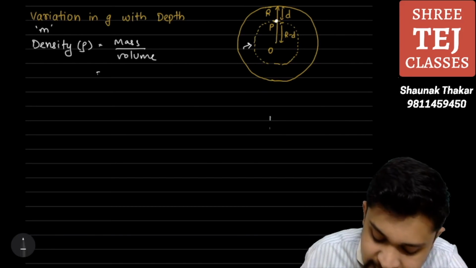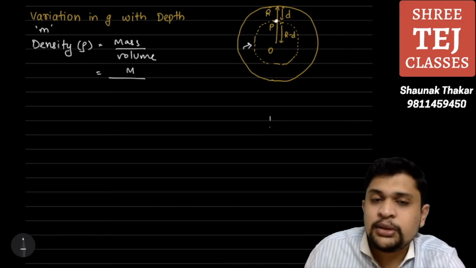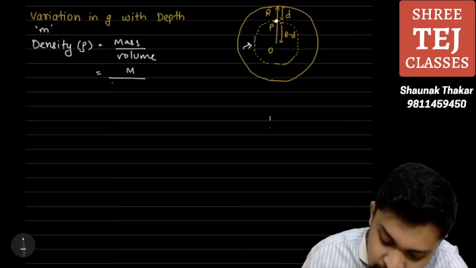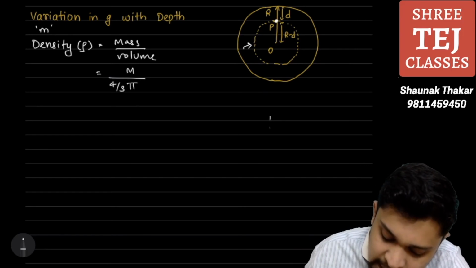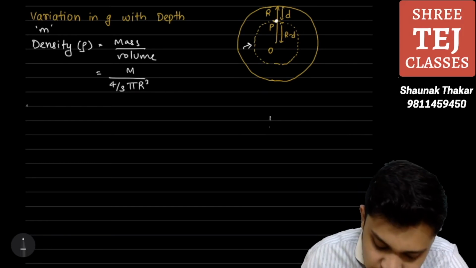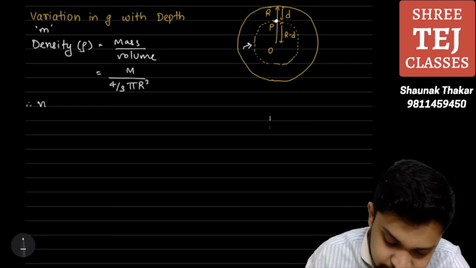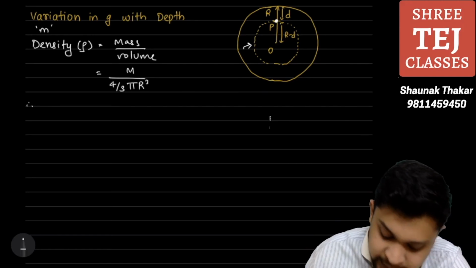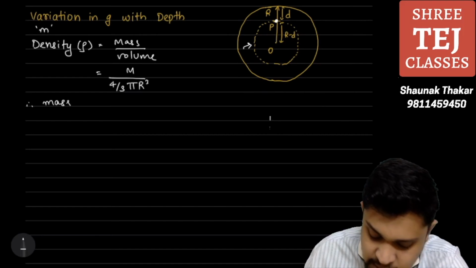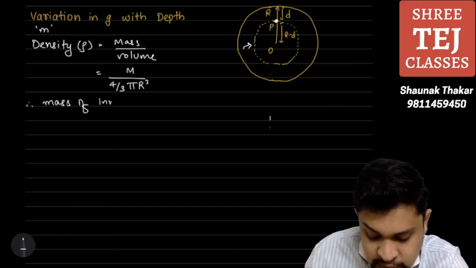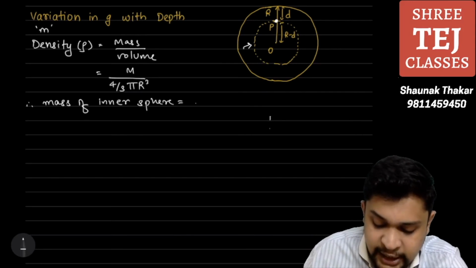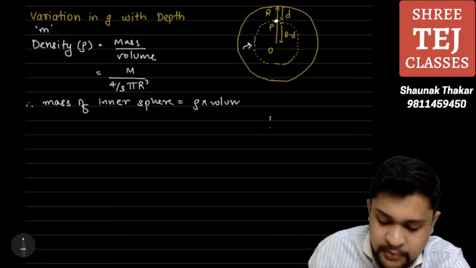So mass of earth is M, and what is the volume? Earth is a sphere, so 4 by 3 pi r cube. So this will be the density. Therefore, mass of inner sphere would be density into volume.